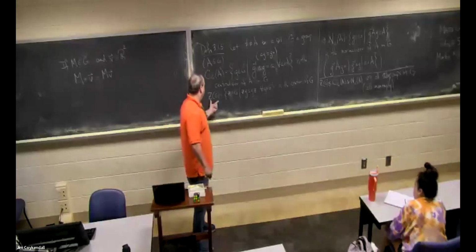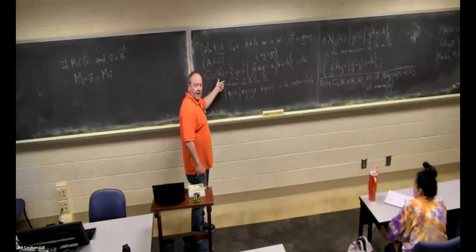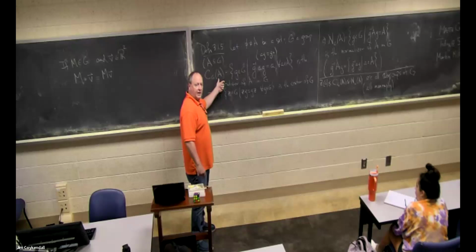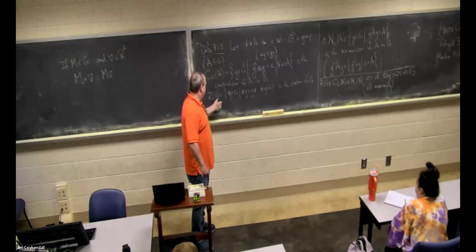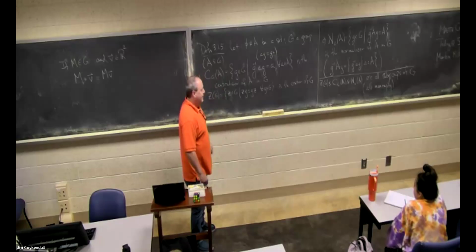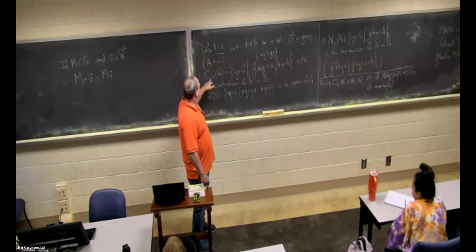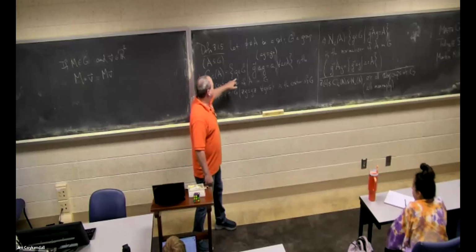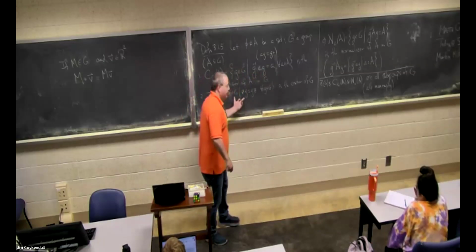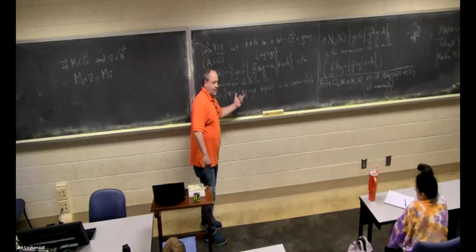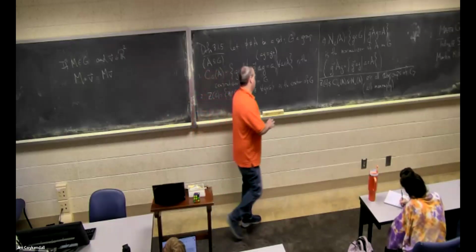I claim that this thing is exactly this thing for a good choice of A. What choice of A could I make that makes it equal to this? That is correct. The centralizer in G of G is everything in G that commutes with everything in G, which is exactly what this is.